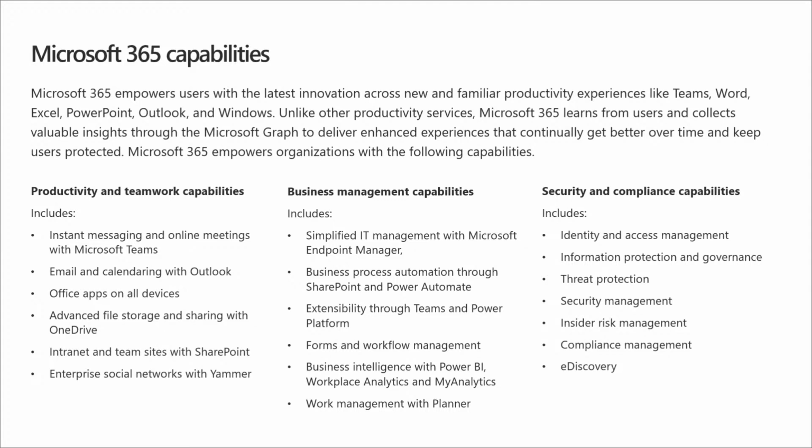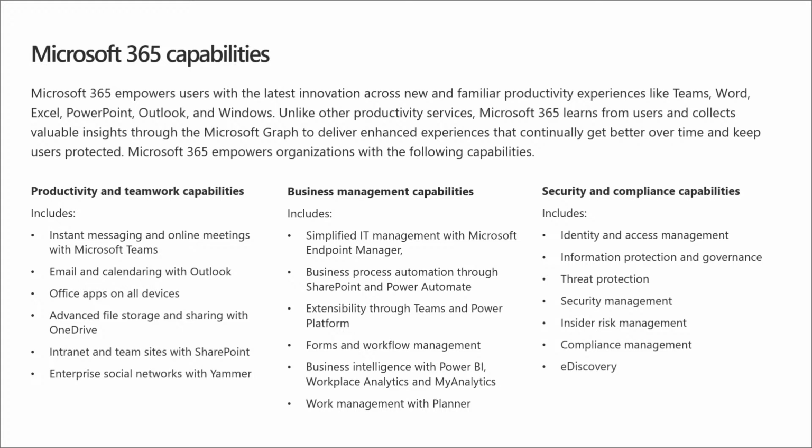The different areas that we're going to look at, the first one is productivity and teamwork capabilities. Of course, productivity means doing as much as we possibly can with the tools we know well. So of course that includes Word and Excel and PowerPoint. We know those well, so this class is not about those individual products. We also are very comfortable with calendars and email, so that continues to be supported with Outlook.